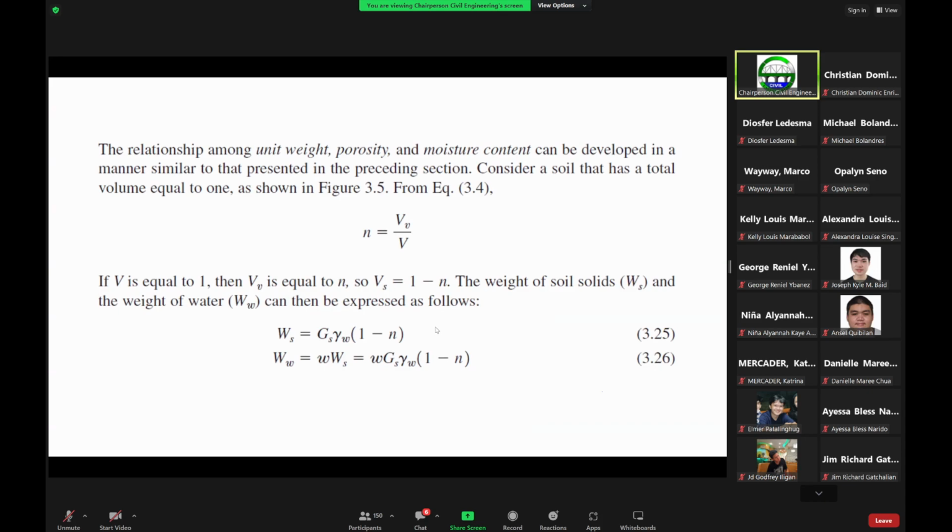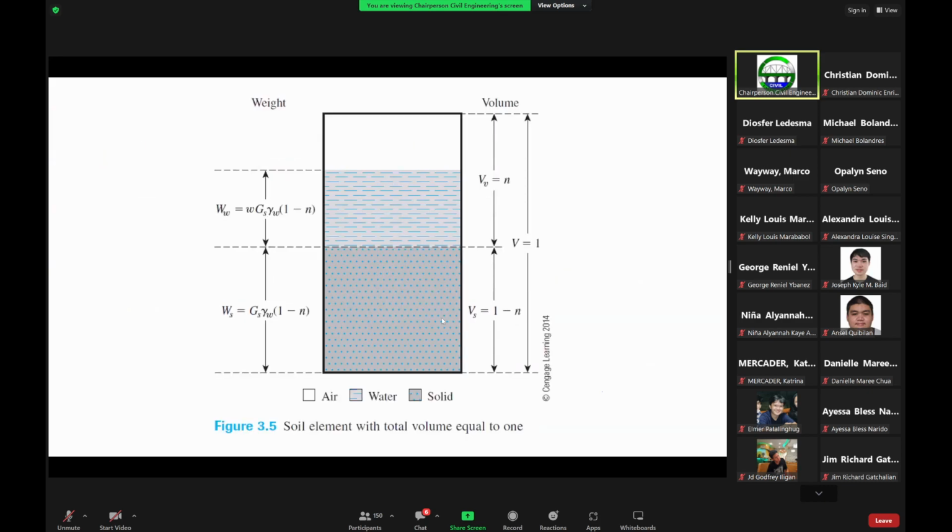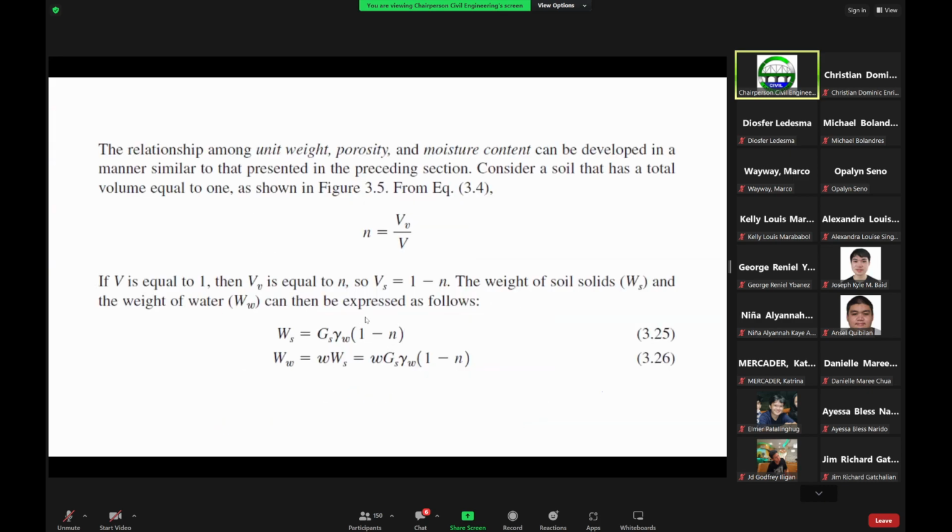Again, to recall, the weight of the soil solids is equal to the specific gravity of the soil solids multiplied by the unit weight of water multiplied by the volume of the soil solids, but the volume of the soil solids is equal to 1 minus n.